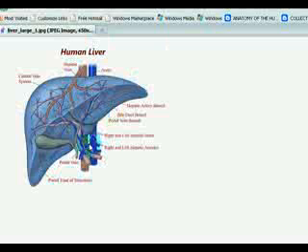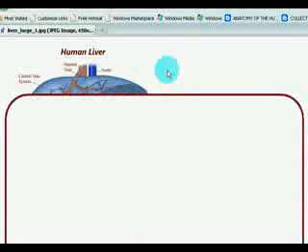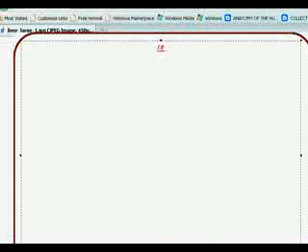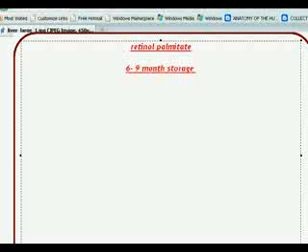Under normal conditions, a well-fed person has sufficient vitamin A reserves in the liver to meet his needs for 6 to 9 months or more.